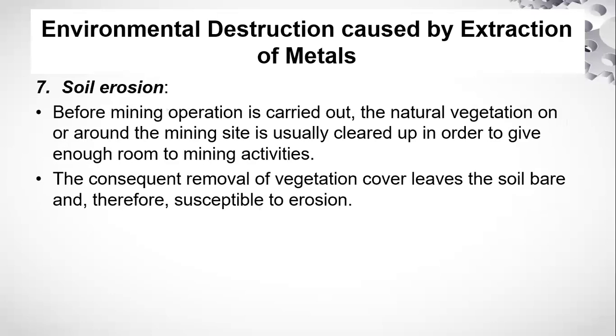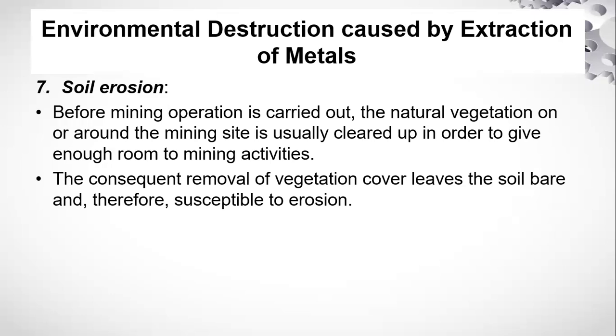The seventh point is soil erosion, another environmental destruction caused by the extraction of metals. Before the mining operation is carried out, the natural vegetation on or around the mining site is usually cleared in order to give enough room to mining activities. The consequent removal of the vegetation cover leaves the soil bare and therefore susceptible to erosion.